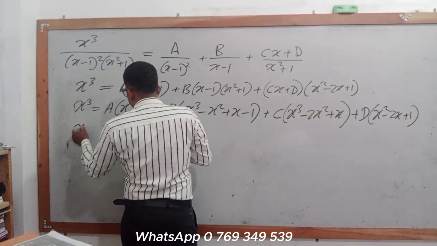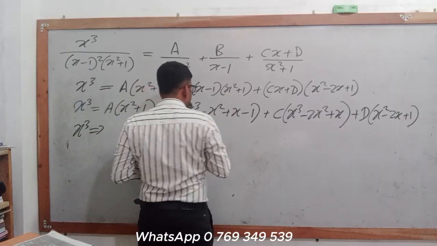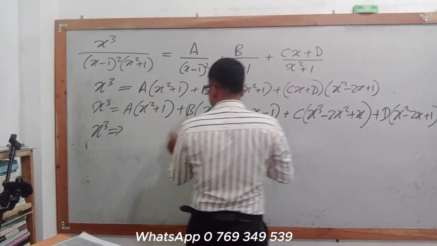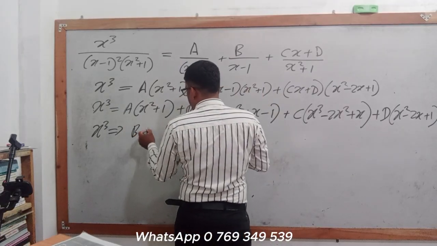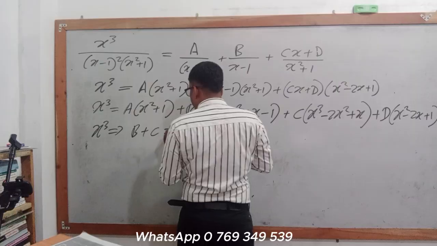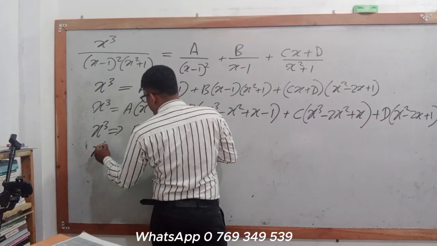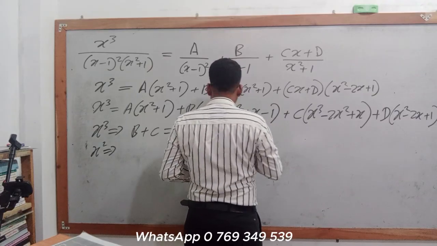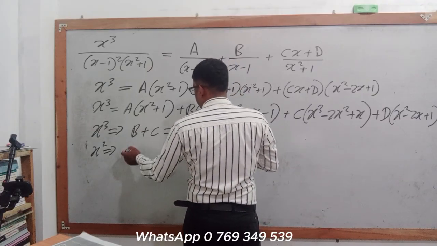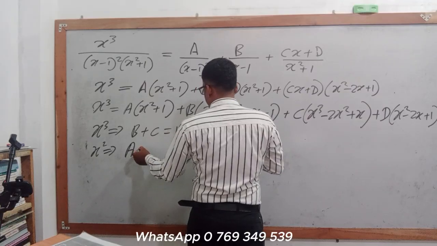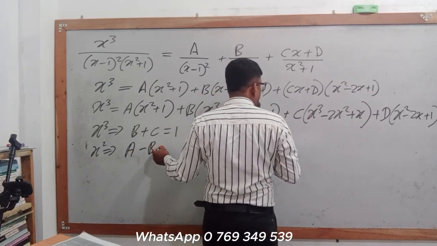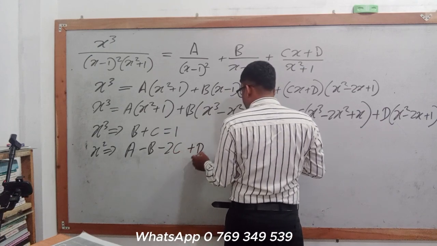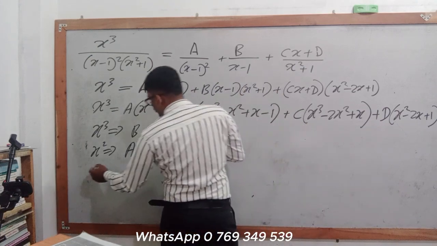From the x cube terms, B and C: B plus C equals 1. Here x square: A minus B minus 2C plus D equals 0.